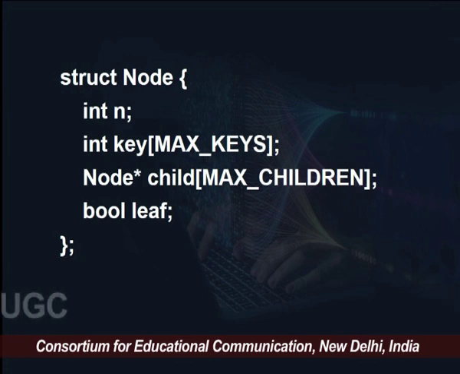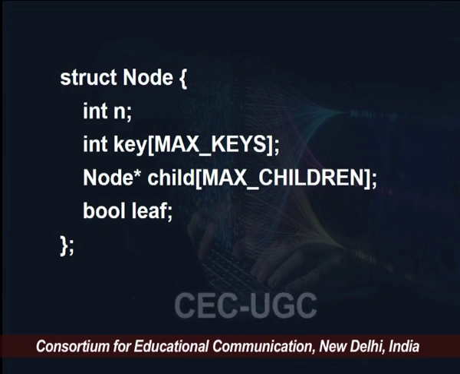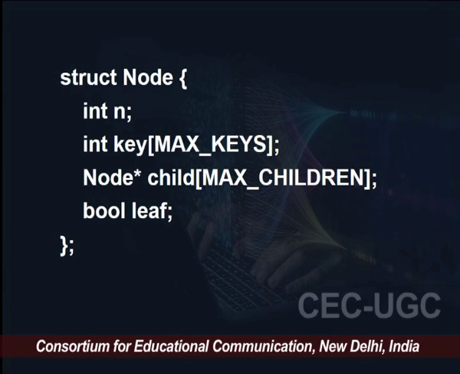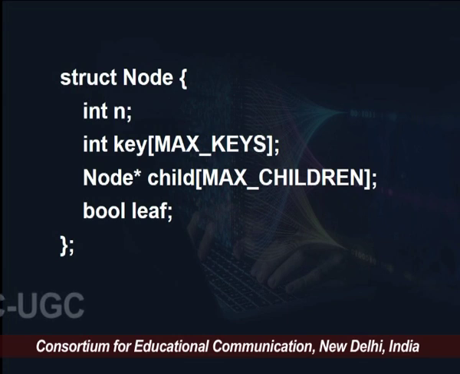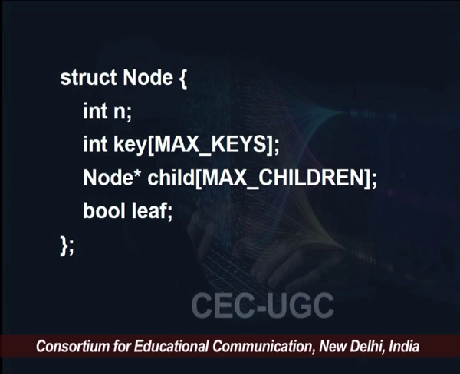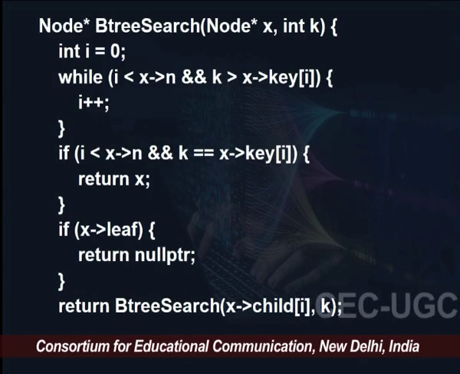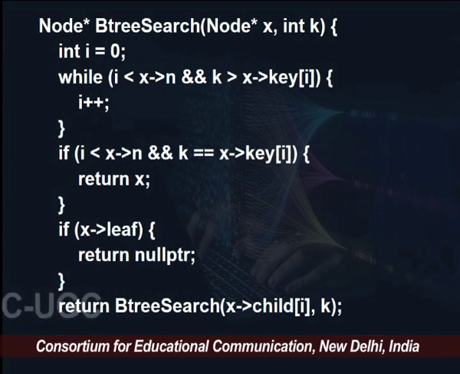Integer n is the number of keys, integer key is an array for the max number of keys, node pointer child is an array of pointers for the max children, and then there is a bool leaf. And this simple thing, we have x which is less than n and greater than i, and so on and so forth.